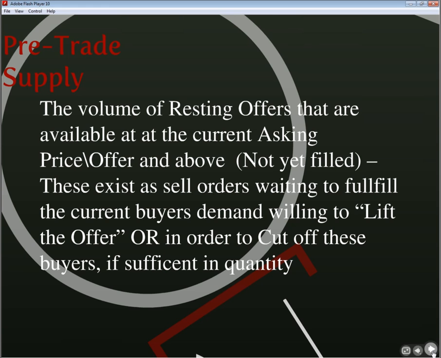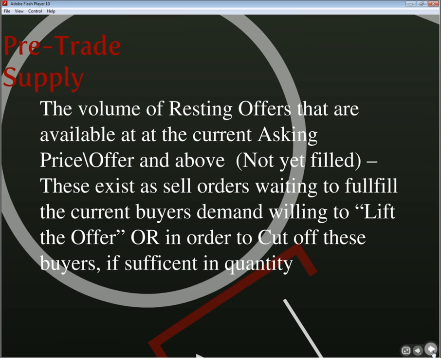Now, if these offers are sufficient in quantity, they will fulfill the demand that is willing to lift those offers. But if those offers are sufficient in quantity at such a level that there are not enough buyers to actually lift all those offers, that offer then becomes resistance.